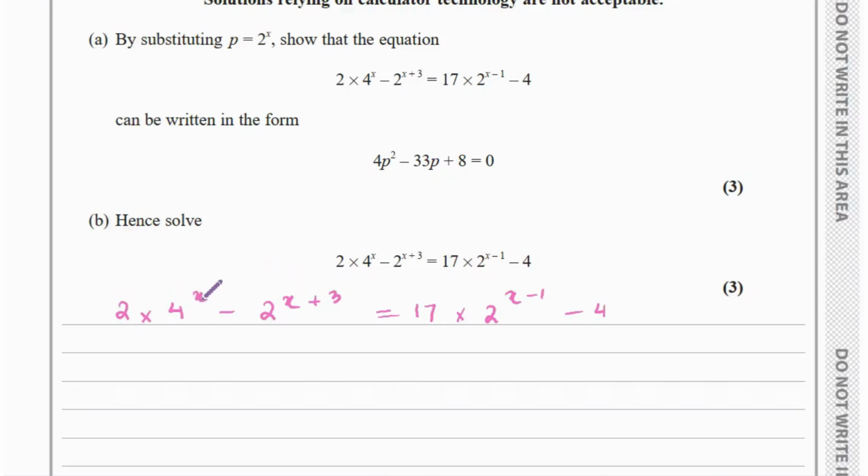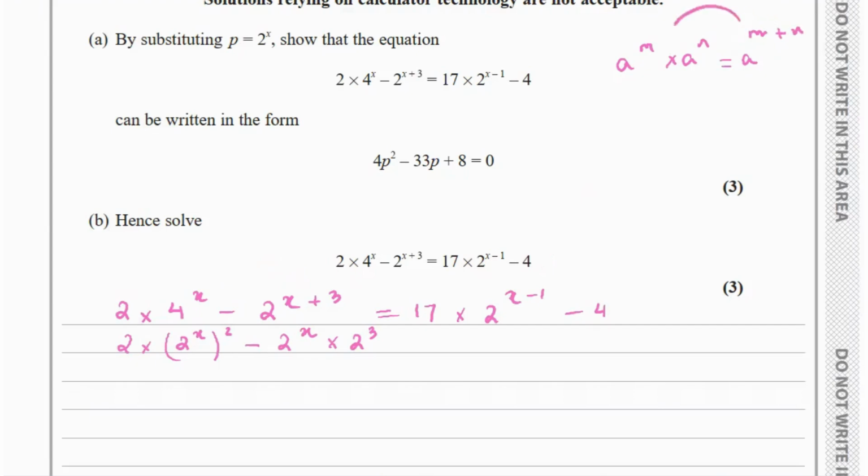First, let's rewrite 4 to the power of x as 2 to the power of x, whole squared. I'm going to split 2 to the power of x plus 3 into 2 to the power of x times 2 cubed. If you remember, when we have similar bases being multiplied, we add the powers. So a to the power of m times a to the power of n is a to the power of m plus n.